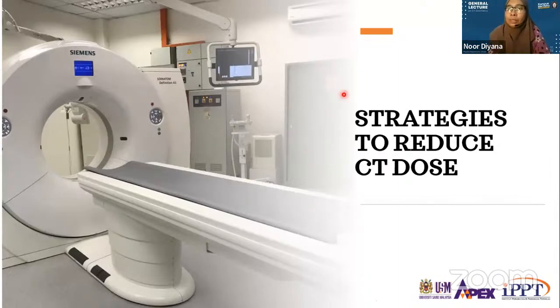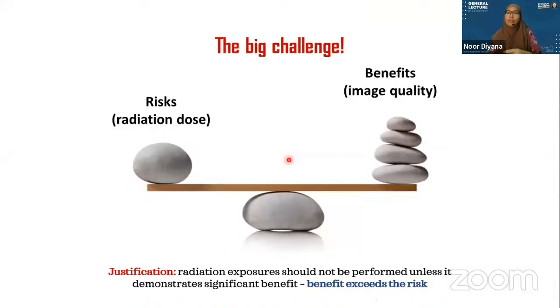Okay. So this is the last part of my talk, which is the strategies to reduce CT dose in our practice. Okay, the big challenge in CT imaging is to balance between image quality, which is the benefit, the diagnostic quality, and also to reduce as much as possible the risk, which is the radiation dose.